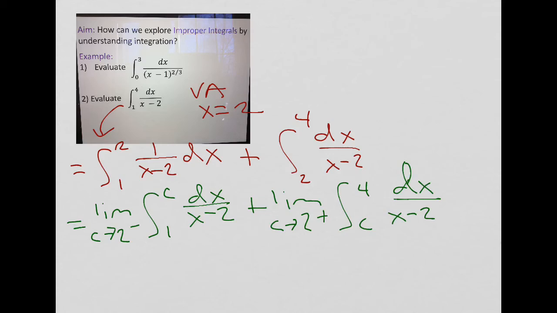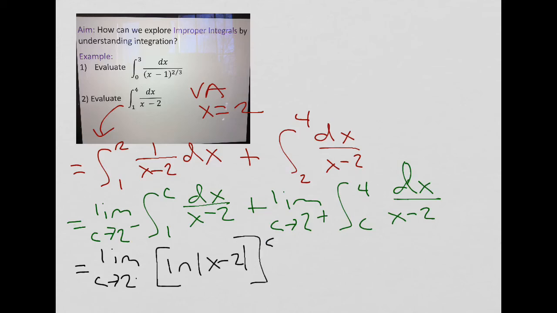So now, let's take a look at our first limit here. If I were to evaluate this, we're going to get the ln absolute value of x minus 2. Okay, and then we're going to have to plug in c and 1.